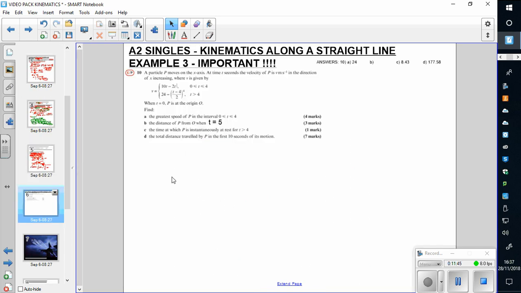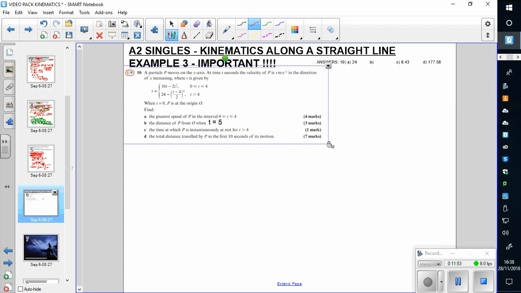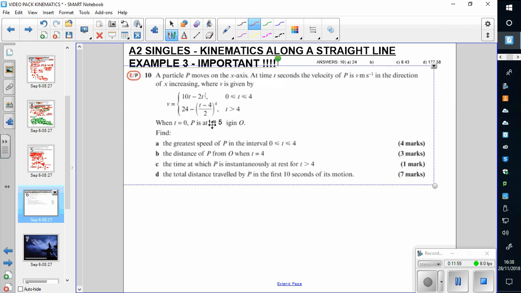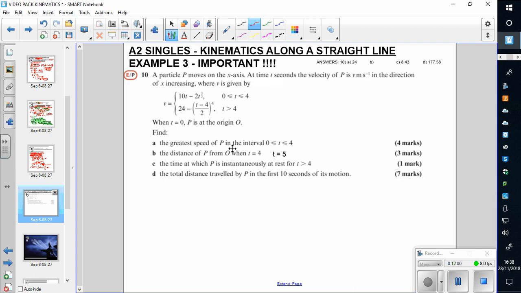Okay, this is a really important example then. So we've got a split function, which I don't think you can read that well. Okay, t is 5. So hopefully we can see that better. 10t minus 2t to the 3 by 2 here, right?